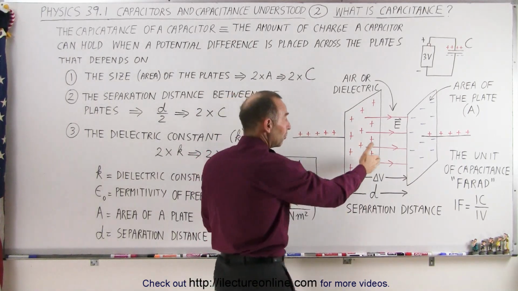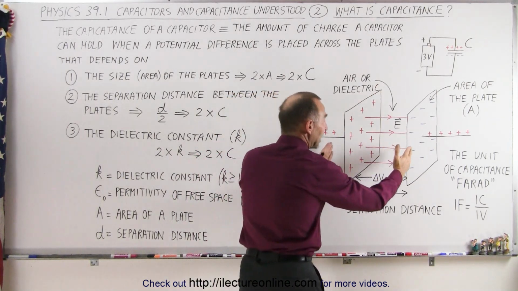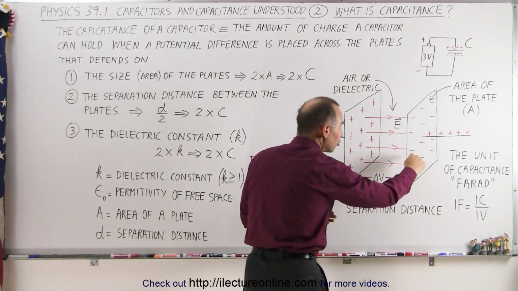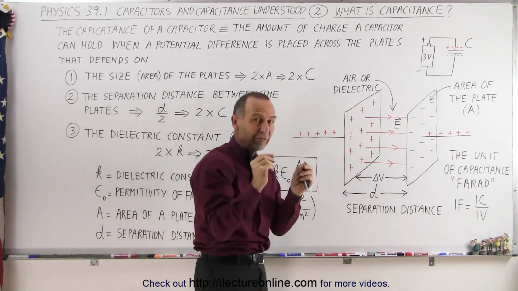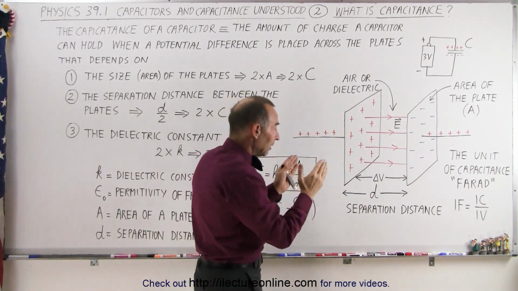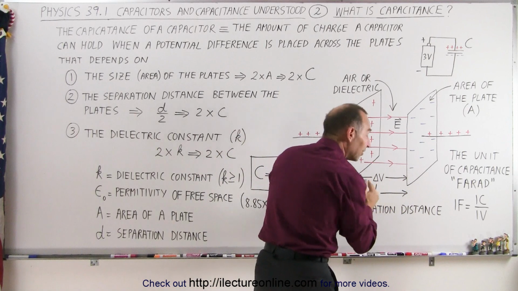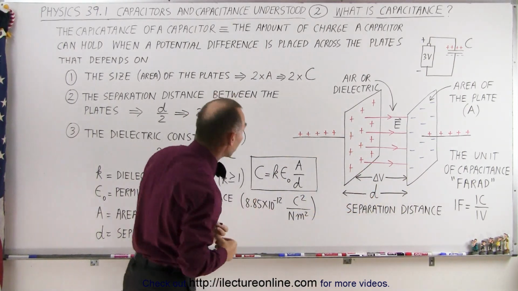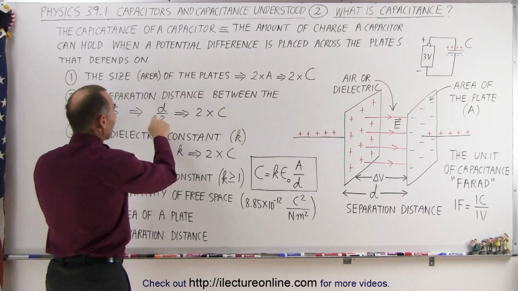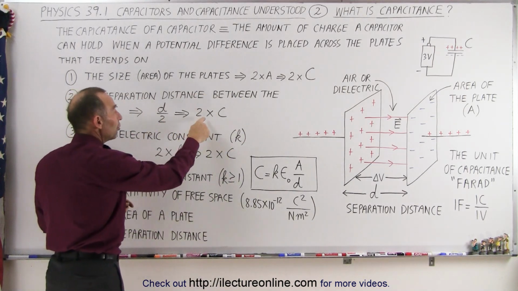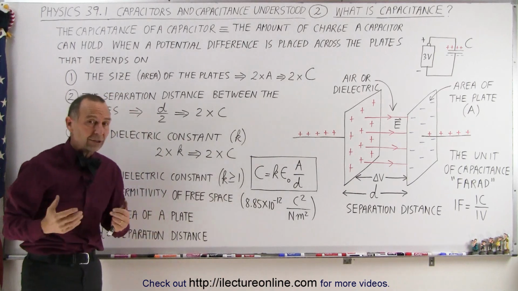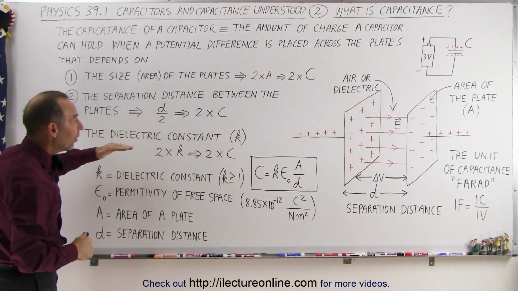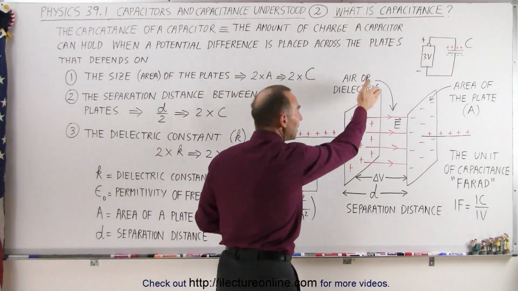Since you're building up an electric field, when you bring the plates closer together, the potential difference will be the same number but over a smaller distance, and therefore there's a greater effect and a greater ability to store charge. So if you halve the distance between the plates, you can hold twice as much charge with that capacitor.